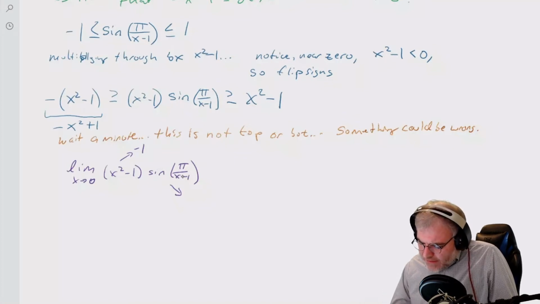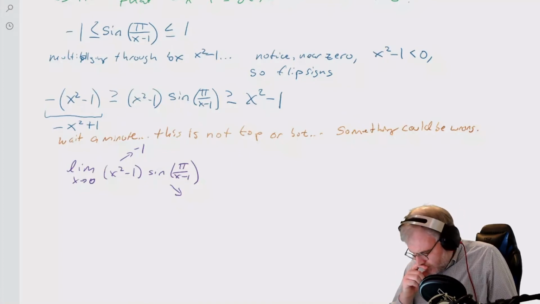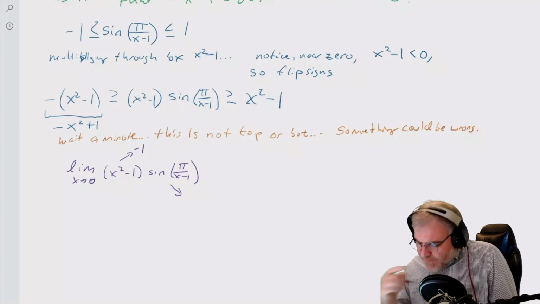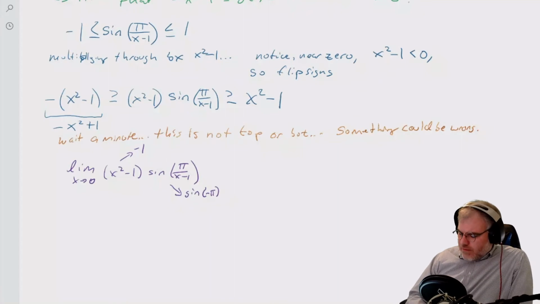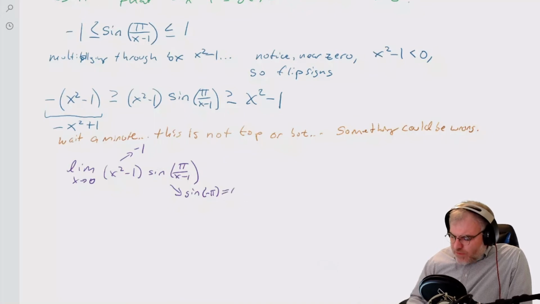If I plug in 0 right here, what does this equal? Yeah, it's going to be sine of negative pi. What is the sine of negative pi? Sine of negative pi equals 0.